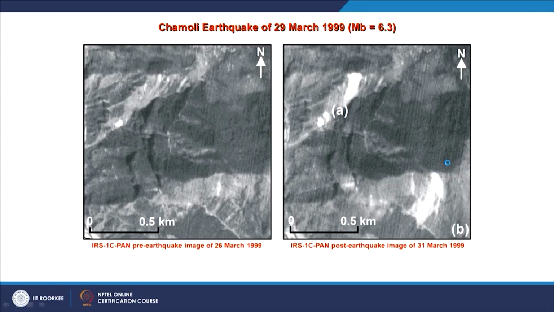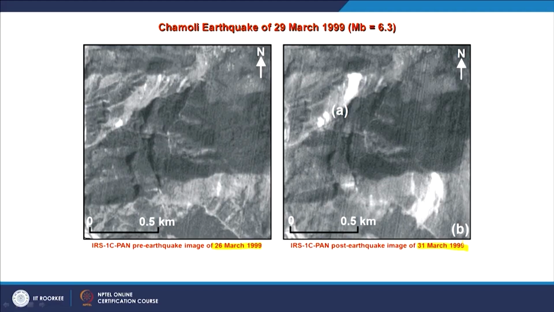Now, results are like this, that on the left side you are seeing pre-earthquake image of 26 March 99, here you are seeing 31st March 99 post-earthquake image, and earthquake occurred on 29th March, that means between these 2 dates. And so, this is something like matching 2 images or figures, which is not very convenient.